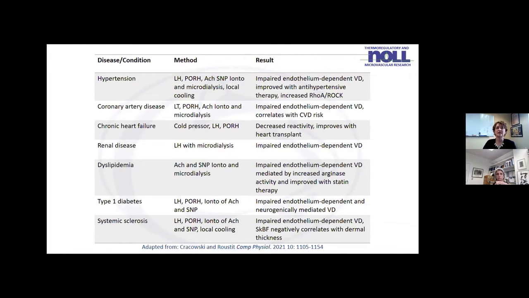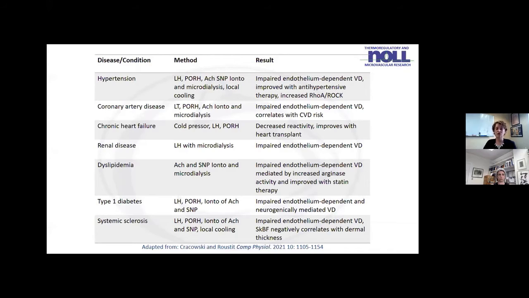And what you can see is that we observe impaired endothelium-dependent dilation in a variety of these disease conditions, mediated by various different mechanisms. And we can also observe that these mechanisms are altered with various interventions, whether that be antihypertensive therapies or statin therapies.